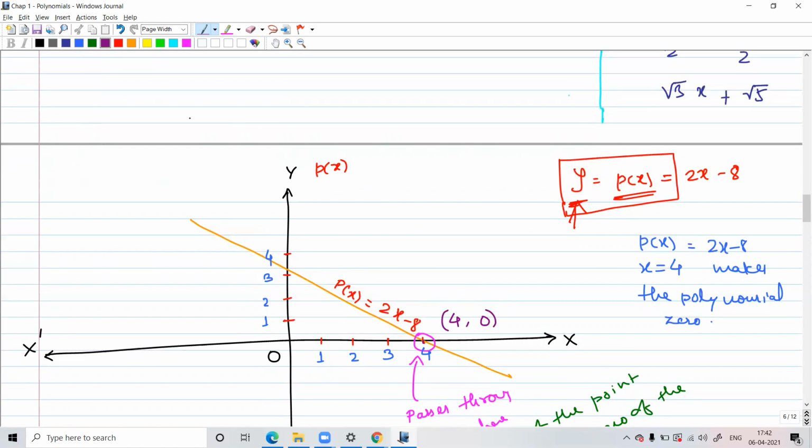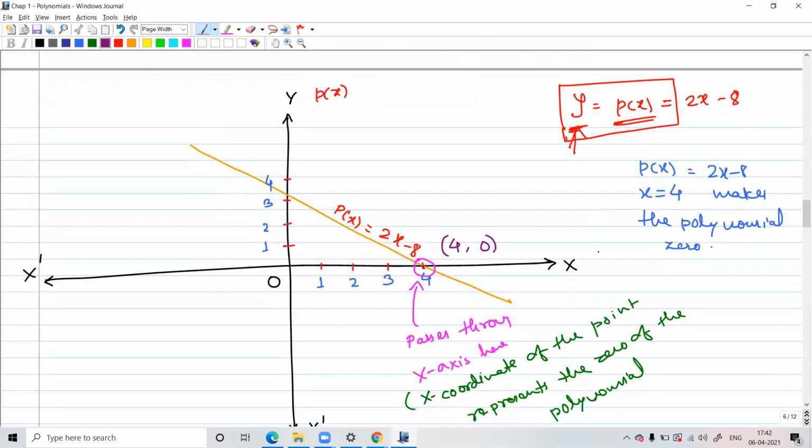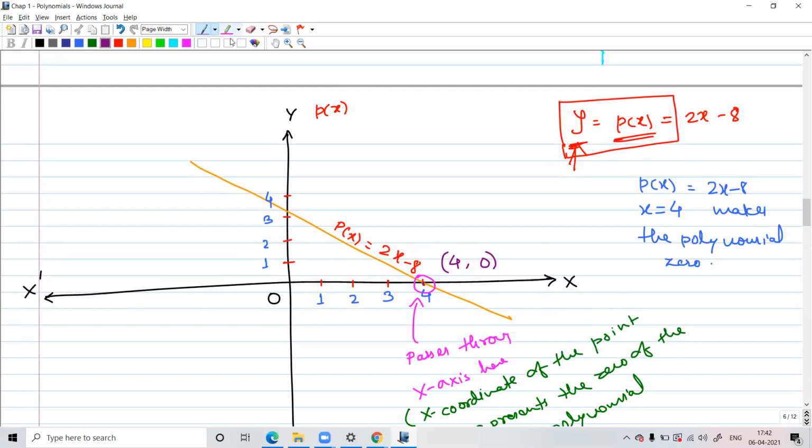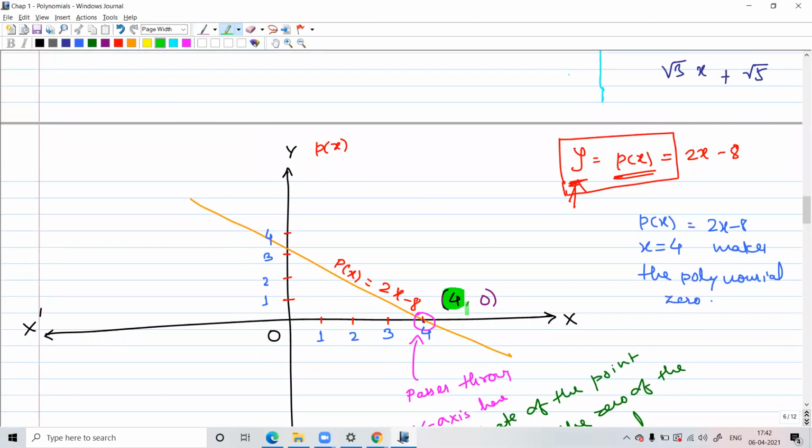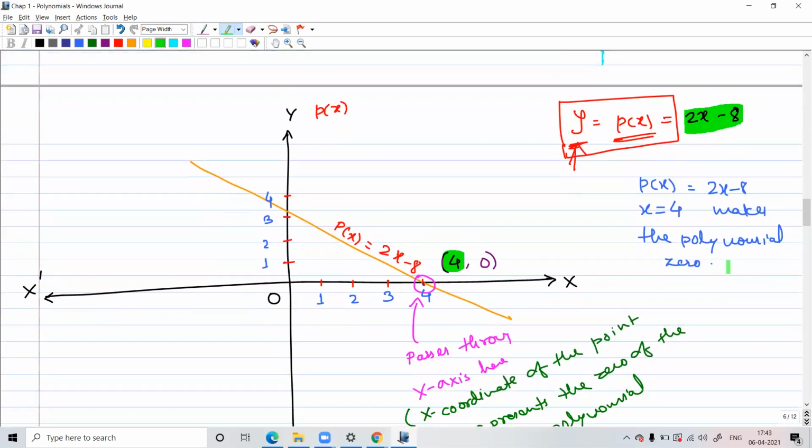Now, when you say 4 comma 0, it's passing through the x-axis at 4 comma 0. You need to understand this very important point. This value 4 over here is not just some any number. It's a very important number. Try to put the value of x equal to 4 in this polynomial and see what happens. What is the value of that polynomial at x equal to 4?